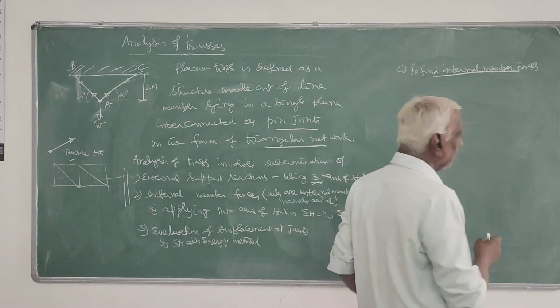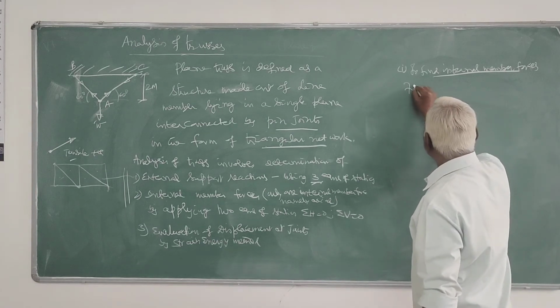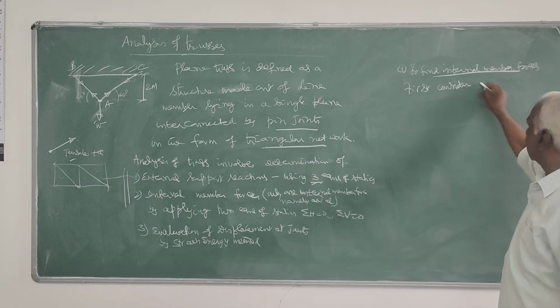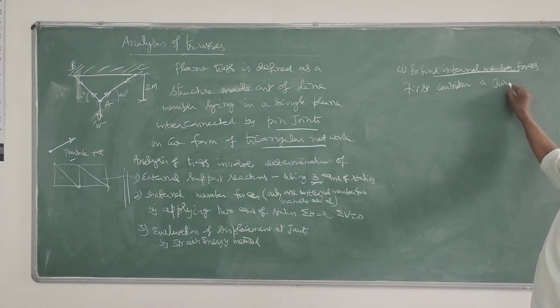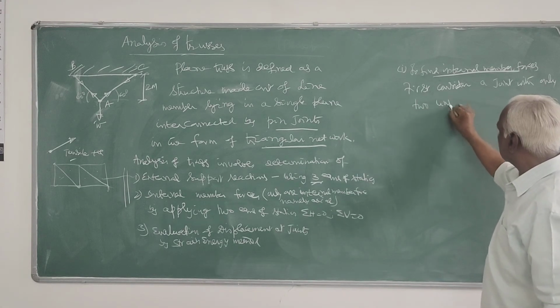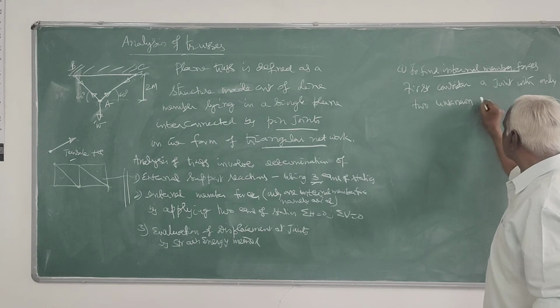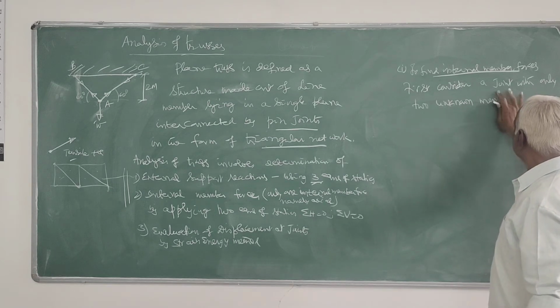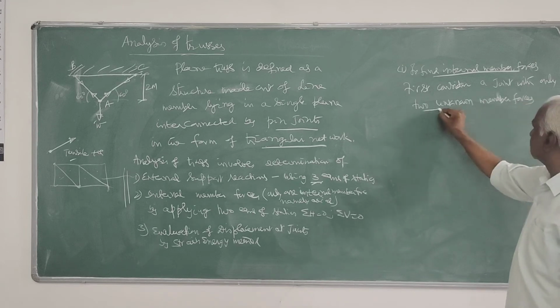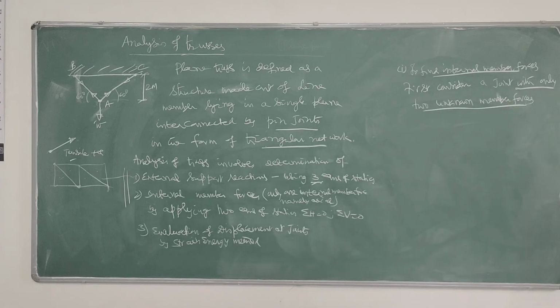So to find the internal member force, first consider a joint with only 2 unknown member forces. That is very, very important. Always first you consider any joint with only 2 unknown member forces.